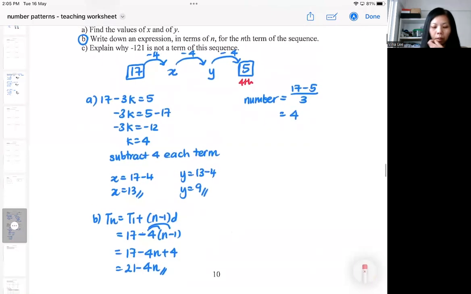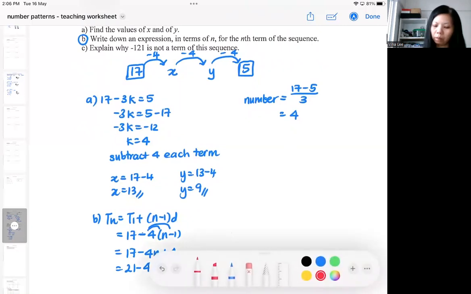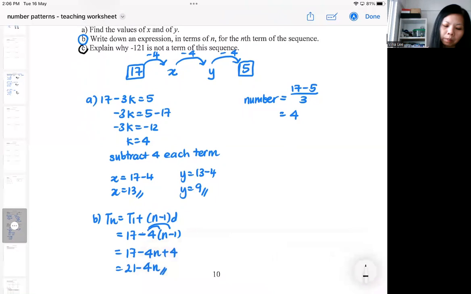Okay, now the next one. The last one is the one that a lot of students do not know how to explain. Now, I need to explain why I will not be getting minus 121. Okay, so why am I not getting minus 121?